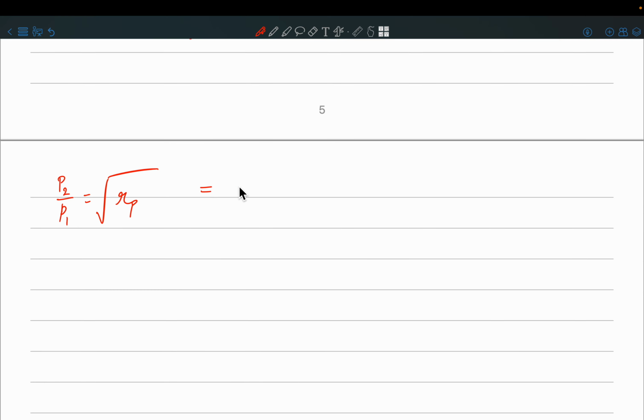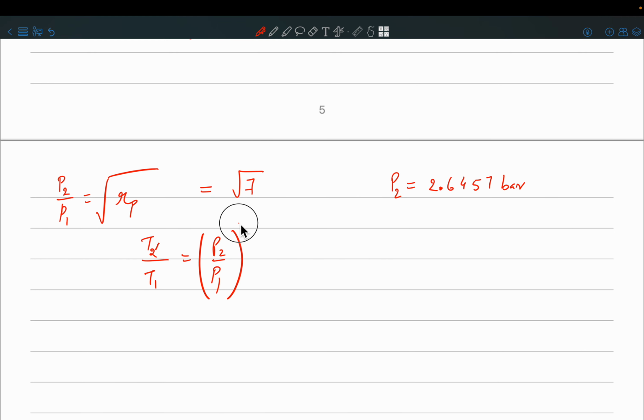So this is going to be the square root of 7, and we have also been given P1 as 1 bar, so this gives me P2 is equal to 2.6457 bar. Alright, then we use the adiabatic relations, assuming an ideal condition at 2 prime. So T2 prime by T1 will be equal to P2 by P1 whole to the power of gamma minus 1 by gamma. Okay, so that gives me T2 prime.